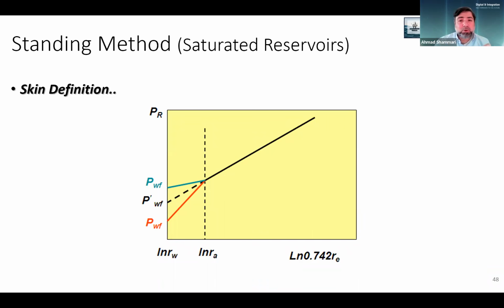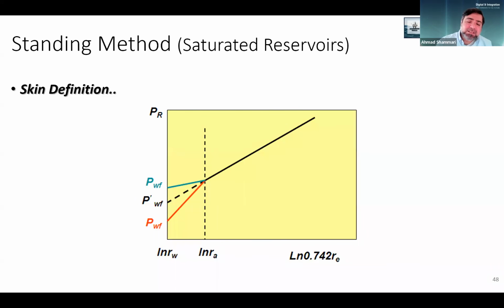We can create what we call mud cake, for example. So this damage will result in what we call skin. Again, skin is nothing but a term that represents this additional pressure drop.